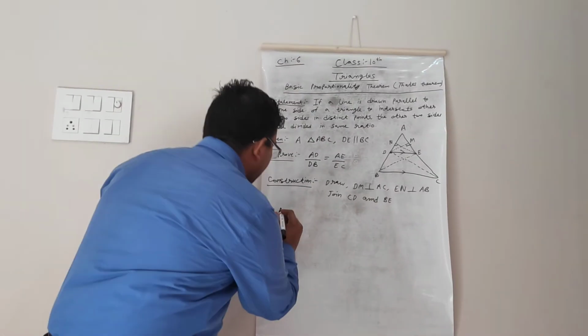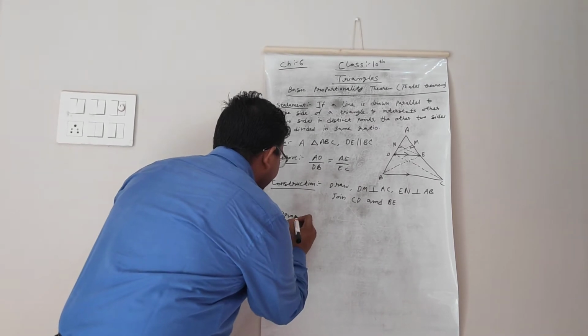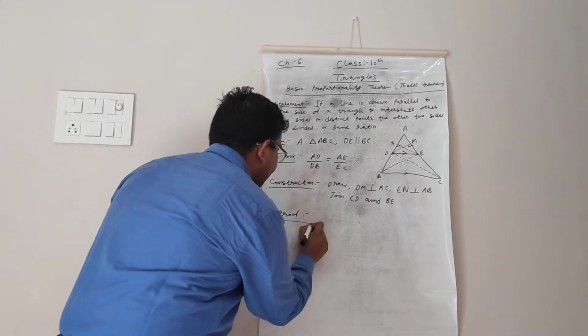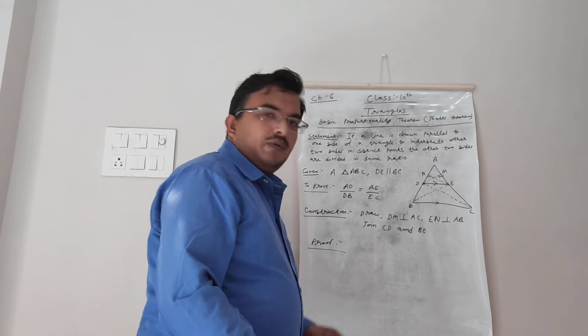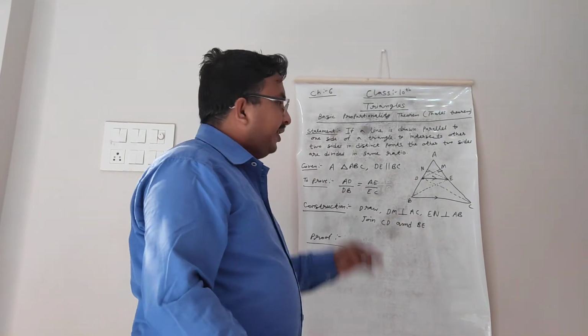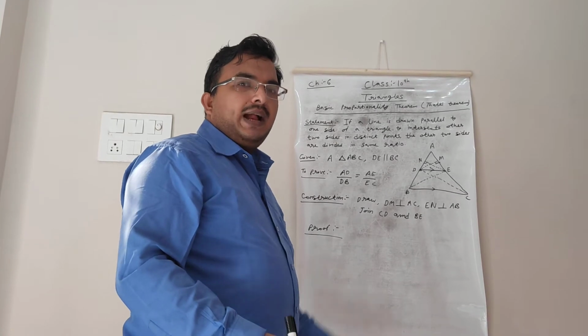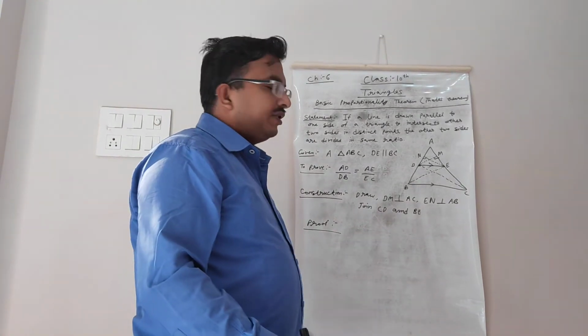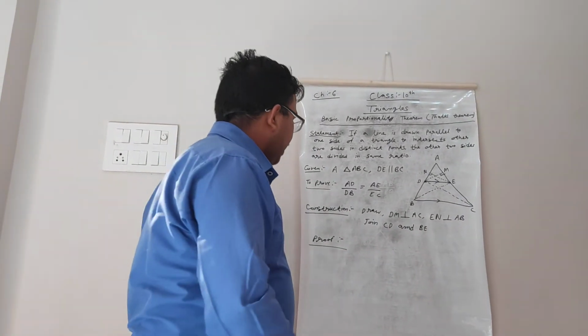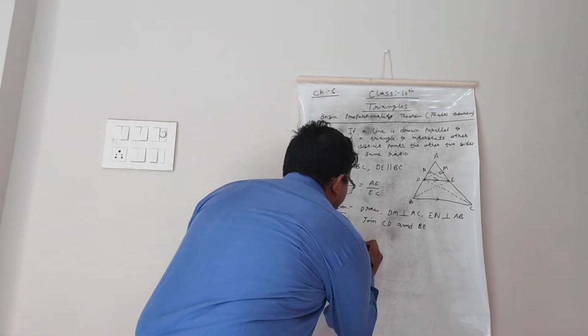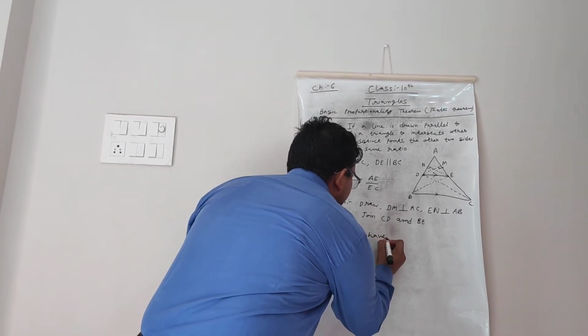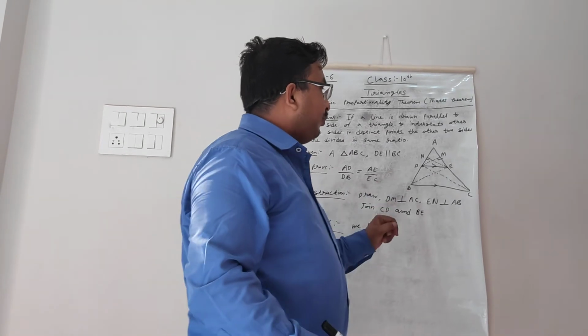Now we are going with the proof. Traditionally there is a very long process to prove the basic proportionality theorem. I am telling you a short trick to prove this theorem in a very short manner. First of all, let me tell you how we can prove this theorem.